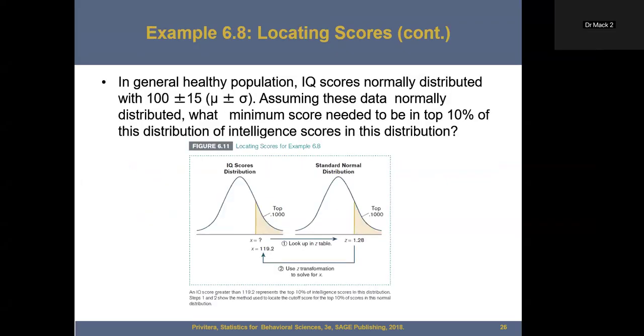So locating scores continued. In a general healthy population, IQ scores are normally distributed with a mean of 100 plus or minus a standard deviation of 15. Assuming these data are normally distributed, again, bell curve, what minimum score is needed to be in the top 10 percent of the distribution of intelligence scores? So we're going to look that up in the Z table.